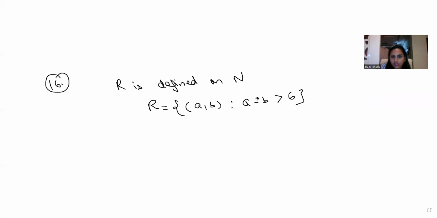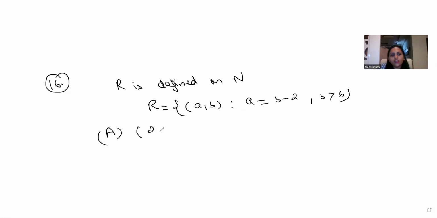Sorry. R is equal to (A, B) such that A is equal to B minus 2 and B is greater than 6. We have been given certain options and we need to check which of the options is correct.